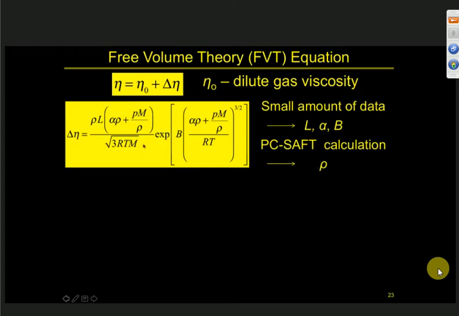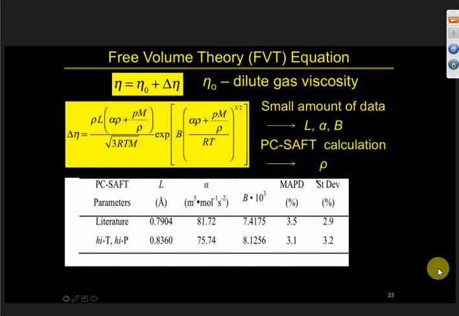Then you should be able to calculate the viscosity in the entire temperature and pressure ranges. So for toluene, we compared our data to the literature, and it is within an average of 3%. That means the model is predicting the experimental data very well.